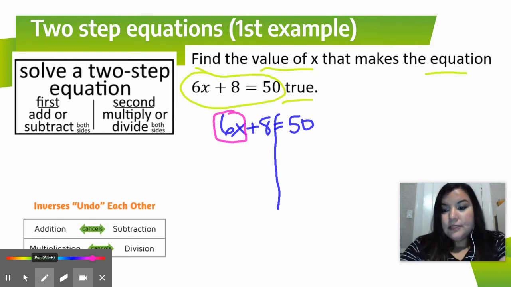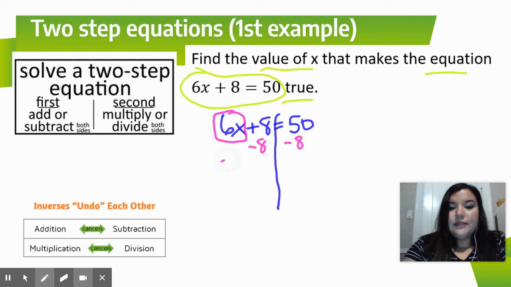So I have a plus, or positive, 8. What is the opposite of a positive? The opposite of positive is subtraction. So that means I'm going to subtract 8 from both sides. Here we have 8 minus 8, and then we have 50 minus 8, which you can always put into your phone calculator.